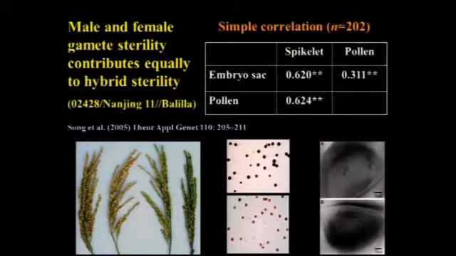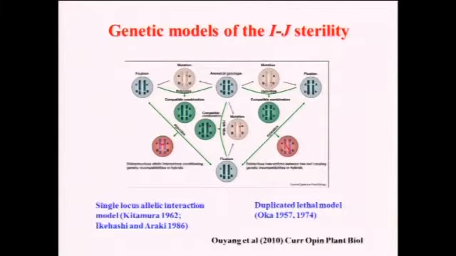So it's about equal contributions if you make a cross, not just a random cross, between typical indica and japonica varieties. Then there were models proposed in the early days, without data support, without really seeing anything genetically. There were two very early models proposed in the 1950s and 1960s.